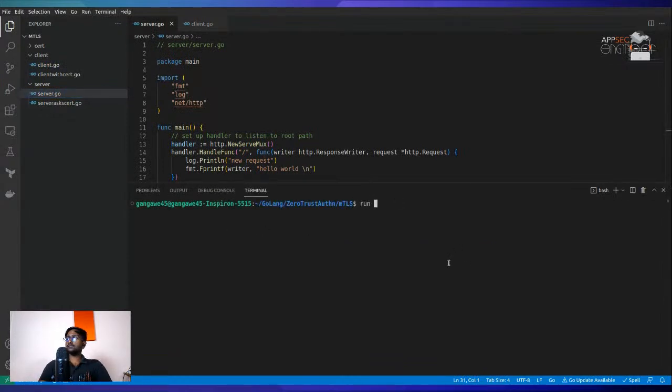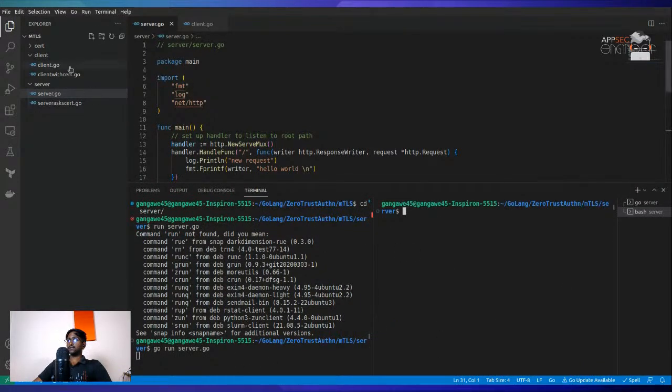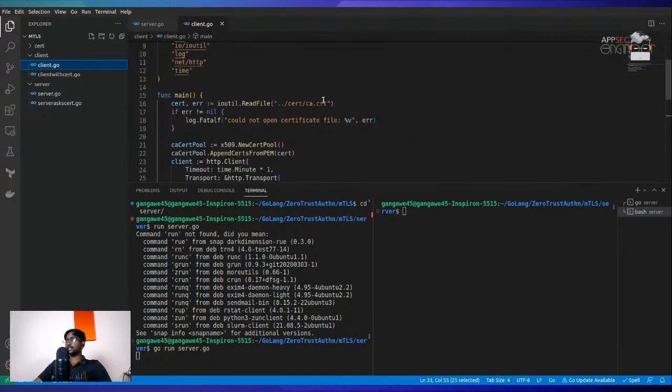I'm just going to run CD into that particular thing. Okay. So we have the server up and running. Now let's try and make our client talk to that server.